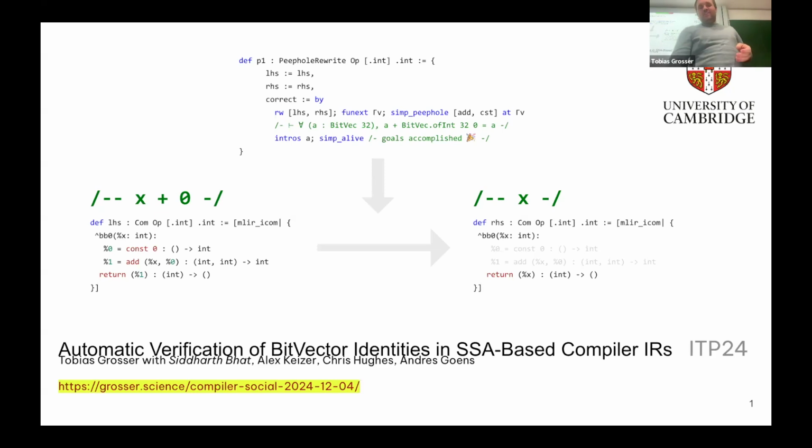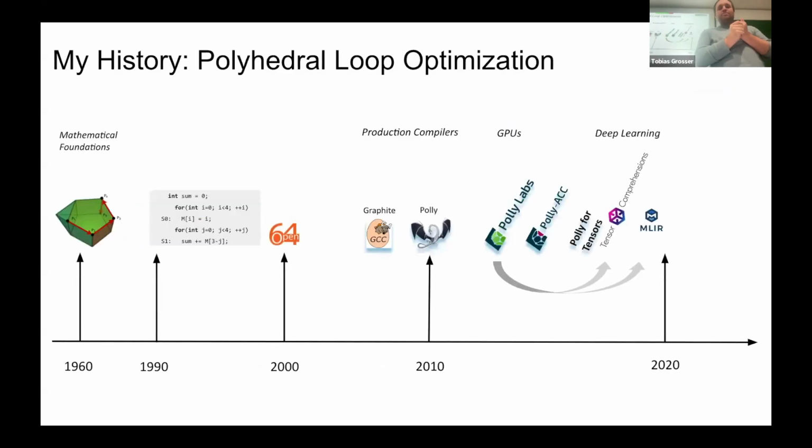So let's see. But first I want to explain who I am, just to create another connection to mathematics. When I was a PhD student, I worked on compilers. But the concept of compilers, or the way we use compilers, it's just one slide, so I don't go into it. They all come from what we call polyhedral loop optimization.